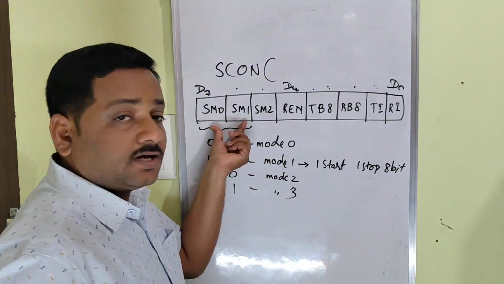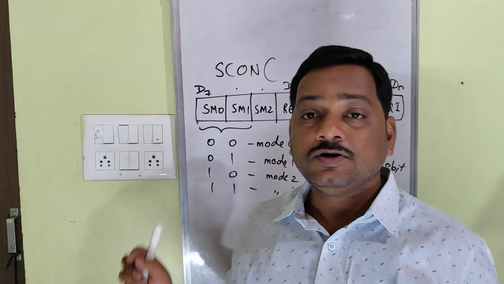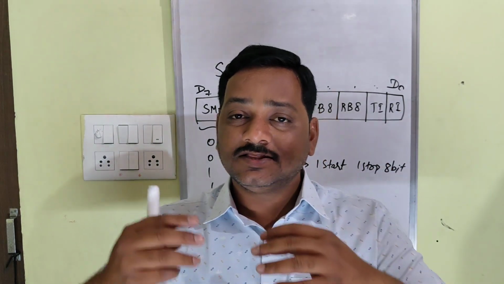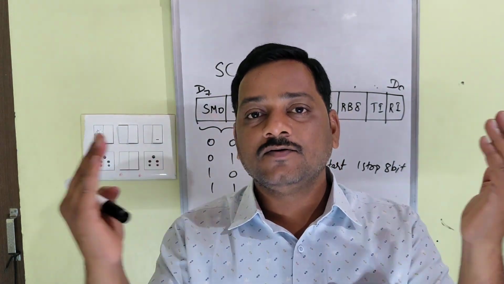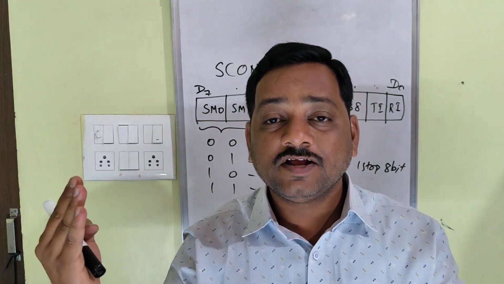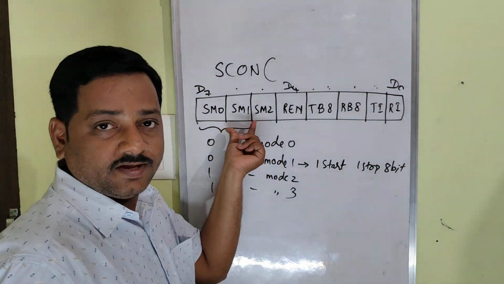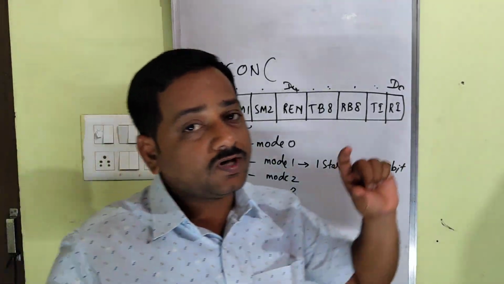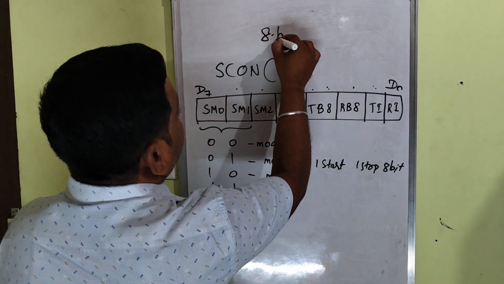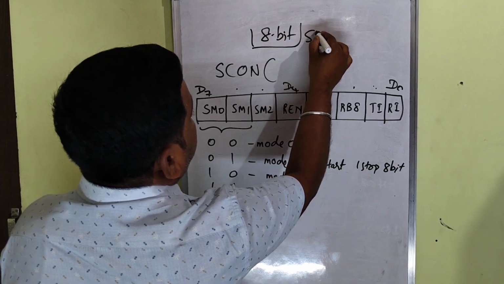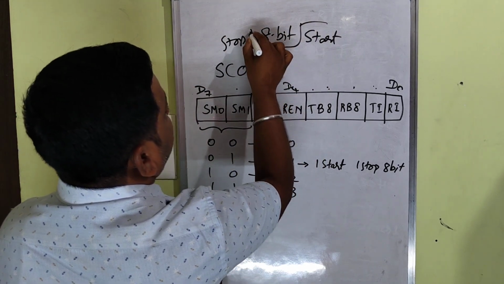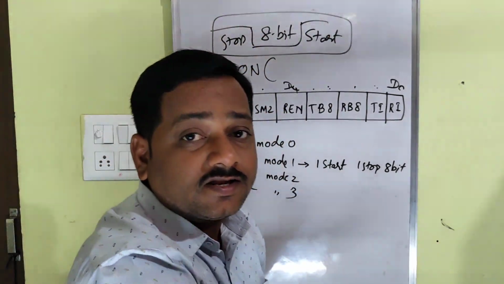So these 2 bits are used to set the data framing. Your 8-bit data will have 1 start bit and 1 stop bit, so it is framed like this, and this framed data will be transferred.